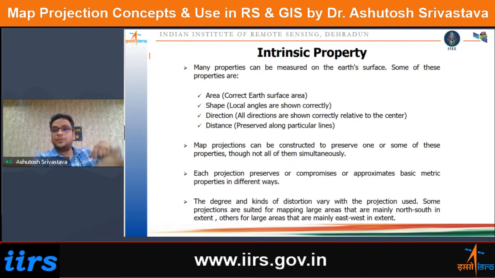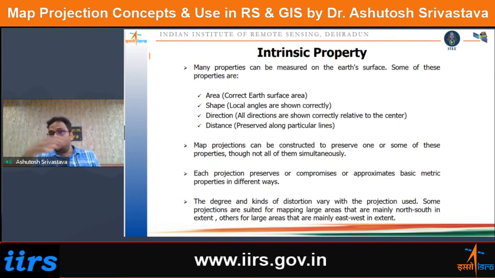Similarly, we have best-fit ellipsoids. We developed one in India, that was the Everest ellipsoid. Similarly, in your country, maybe some ellipsoid was developed, and in a third country, another ellipsoid will be there. So there are so many ellipsoids, both geocentric and best-fit. Okay, first thing.